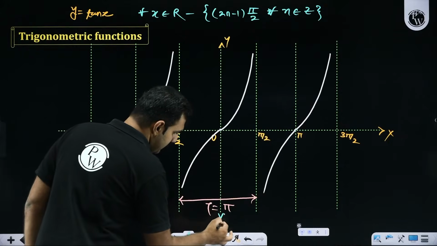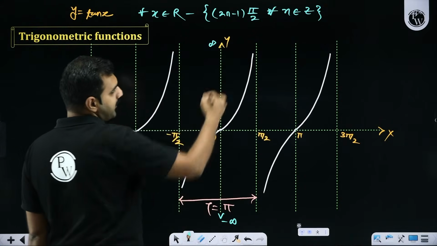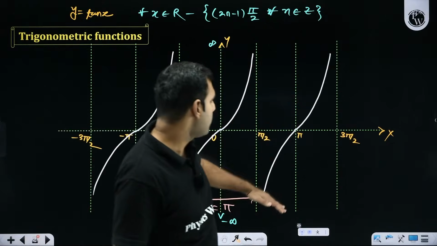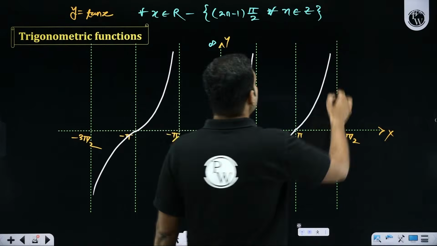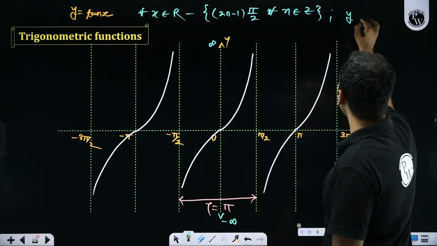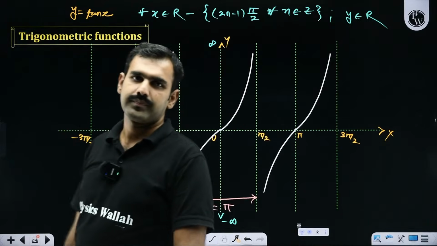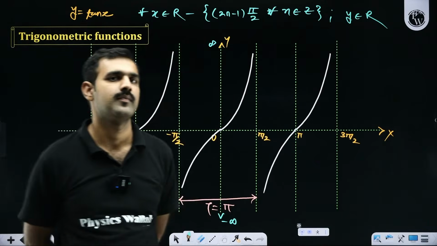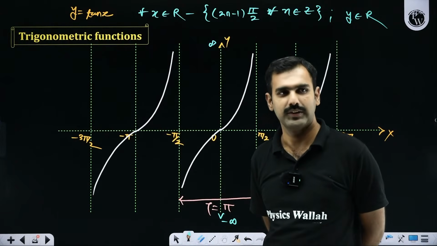I'll say, sir, I can clearly see its graph is there from minus infinity to infinity, everywhere along the y-axis. So if you ask me its range, which is y, tan x can take any real value. All the participants got my point, or shall I repeat it?